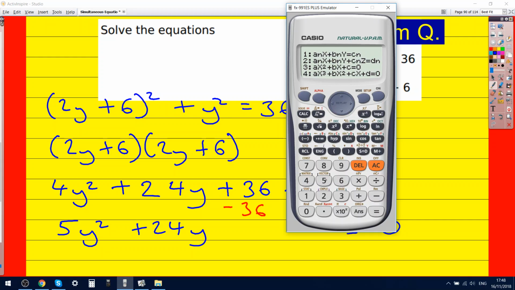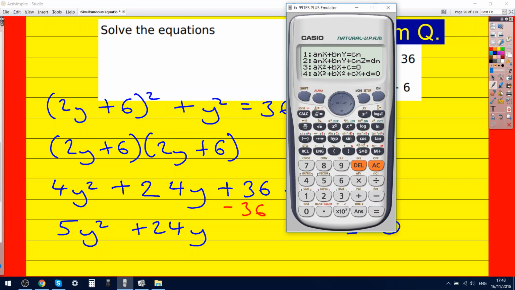I've got that. So number 3, ax squared plus bx plus c equals 0. Right, so should I press simultaneous equation? Then select 3. Oh, is yours a black calculator? Is it like a new one? And that's white. Okay, so mode 5 is equation.